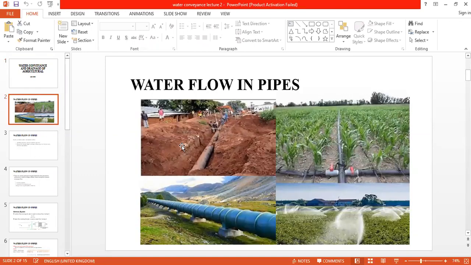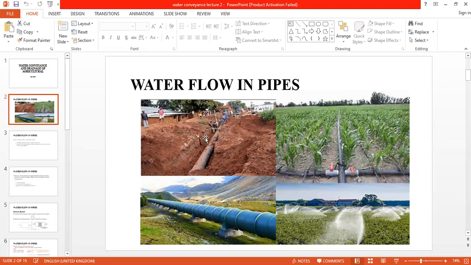Just an illustration here that water can be delivered through pipes to your fields, maybe for irrigation, and also maybe you might be transferring it from a river. So you use pipes.